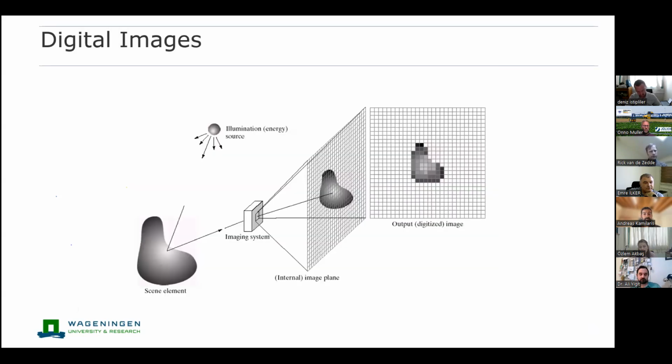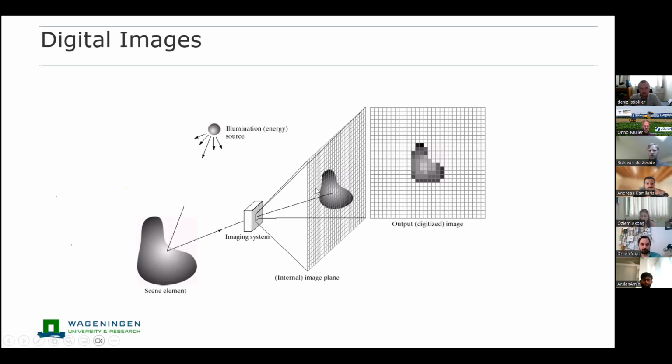Yeah, and because I've got no idea about your background, if you have a scene, so whatever, a blob, and you make a picture, you need some kind of illumination to turn that object into a digital version, actually, of this blob. And then because of the scene, the lens and everything, you get a certain representation on all the pixels in, for instance, your mobile phone.